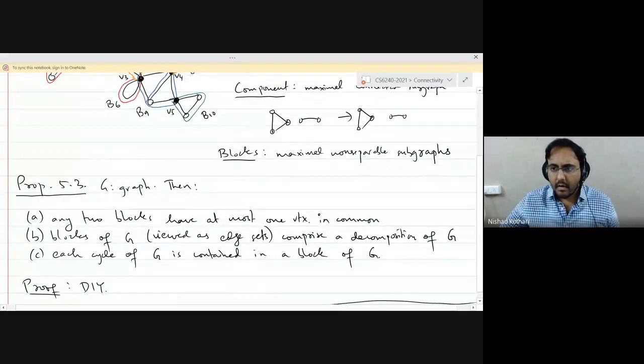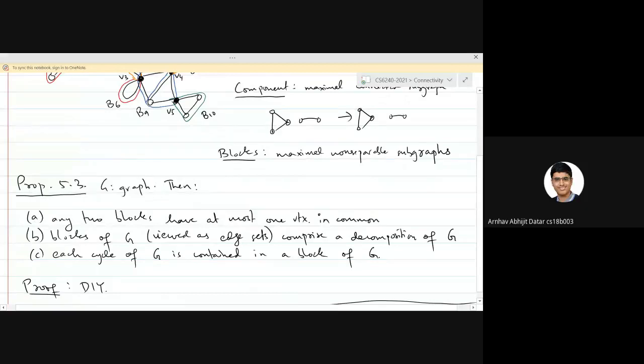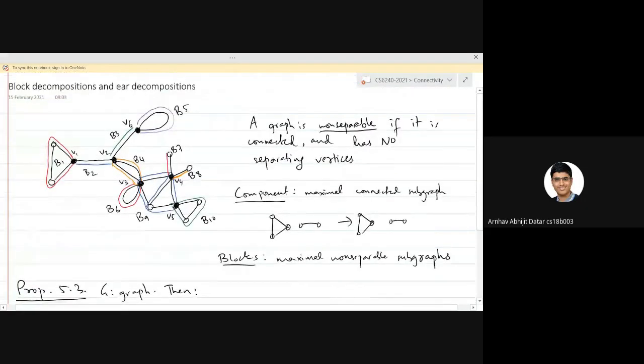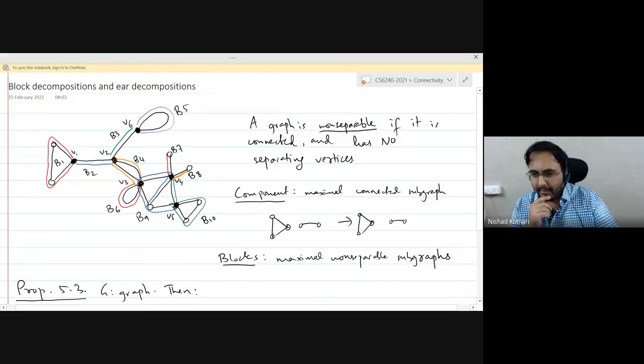Are there any questions so far? Sir, can we make part one stronger by saying at most one vertex is common and that will also be, sorry, will it be a separating vertex? Yes, you are right.